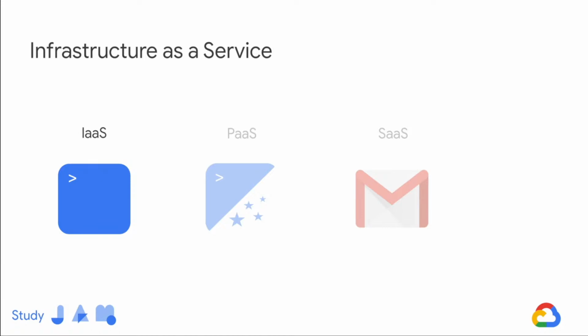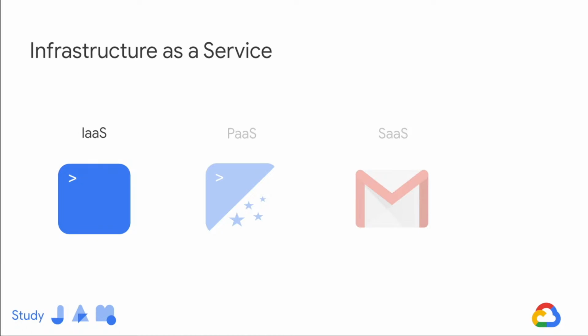Infrastructure includes raw resources such as virtual machines, networking, storage, and so on. These resources are the fundamental building blocks of cloud computing. When you consume infrastructure as a service, you have greater control over the resources but also greater management overhead.